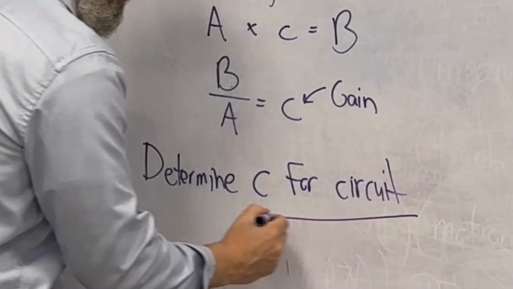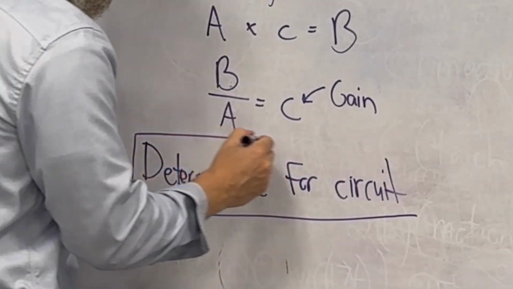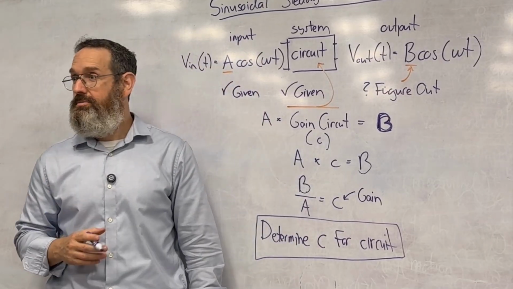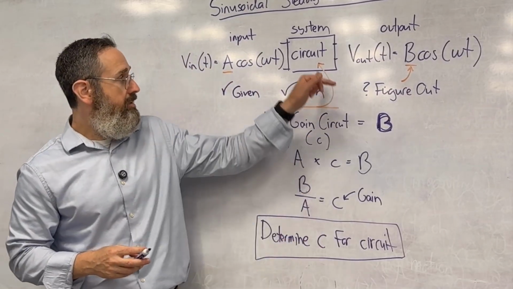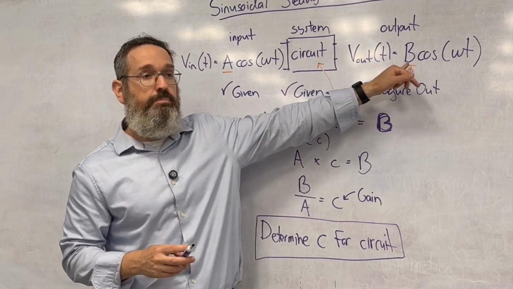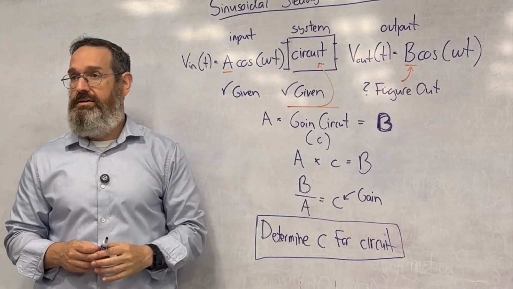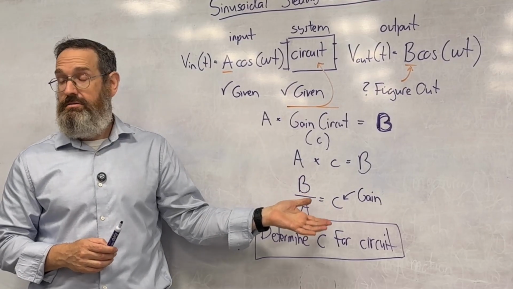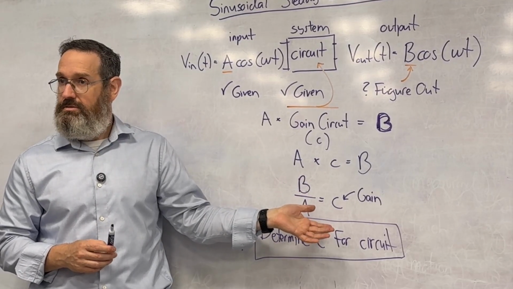If you do this, you win, because once you have C, it's very easy to get B because you're just going to multiply A by it. And that is the game of sinusoidal steady state analysis.